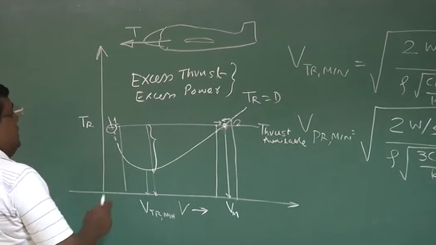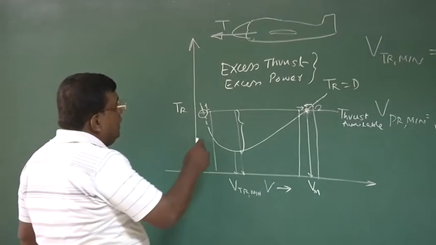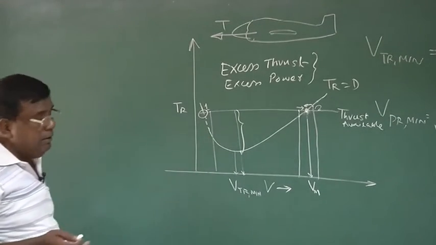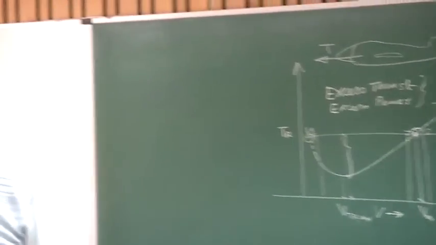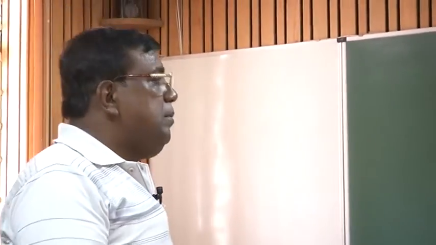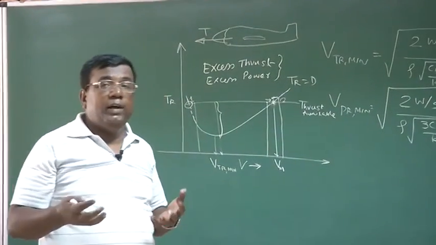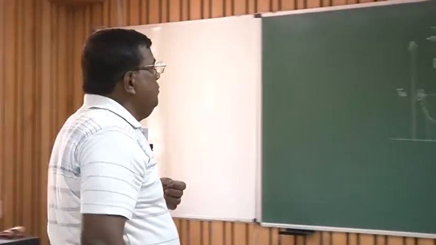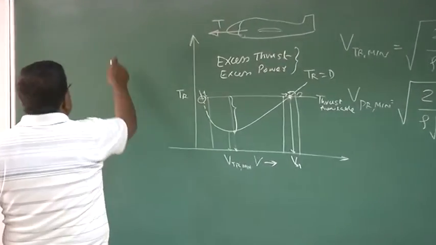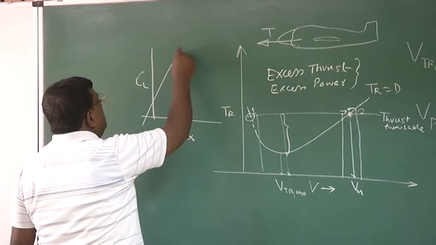Also, there is another point which should come to our mind. For any airplane, there is a speed called V stall, which we have discussed, right? V stall is the lowest speed at which it can manage lift equal to weight. That means he is actually putting CL to CL max. He has put all the flaps down and the angle of attack is the maximum. If you recall, CL versus alpha is something like this.